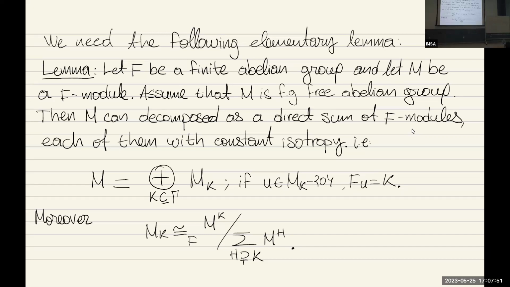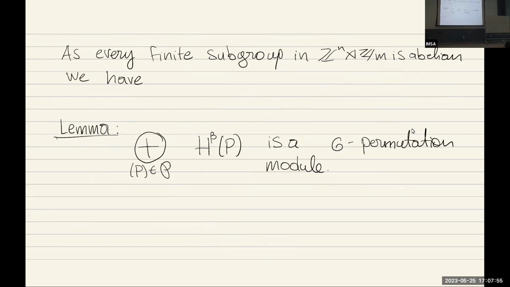The proof is elementary. And how to use that to compute the invariants? The observation is that every finite subgroup of this group is abelian, which implies that the action of G over this module is by permutation. Okay, it's a G permutation module.